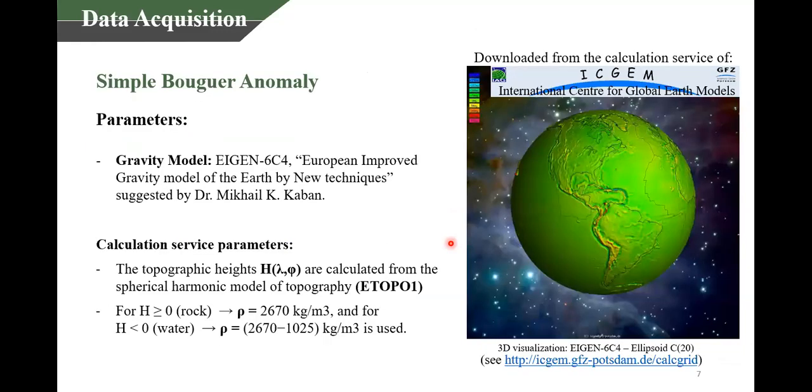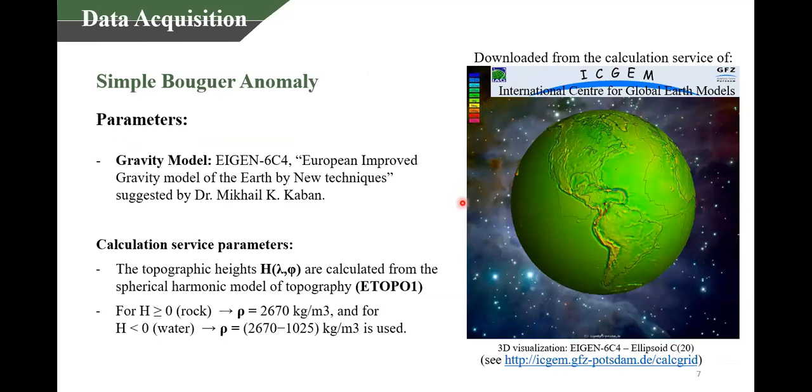This anomaly was downloaded from the calculation service of the International Centre for Global Earth Models, which is provided by the German Research Centre for Geosciences, as well as the International Association of Geodesy.